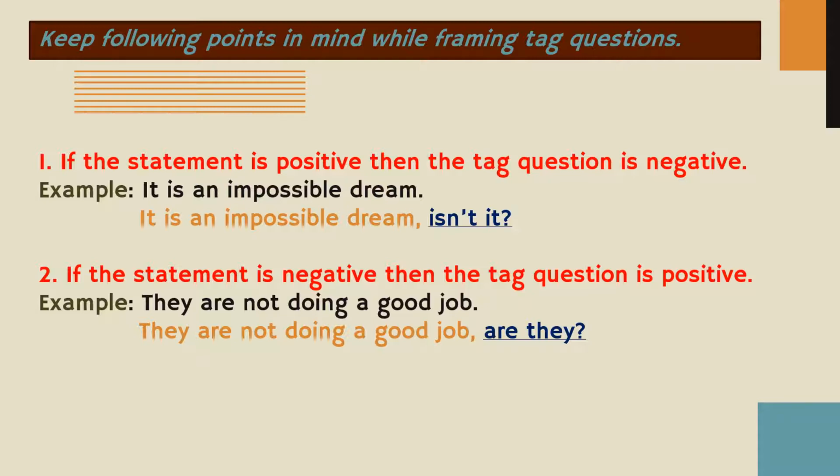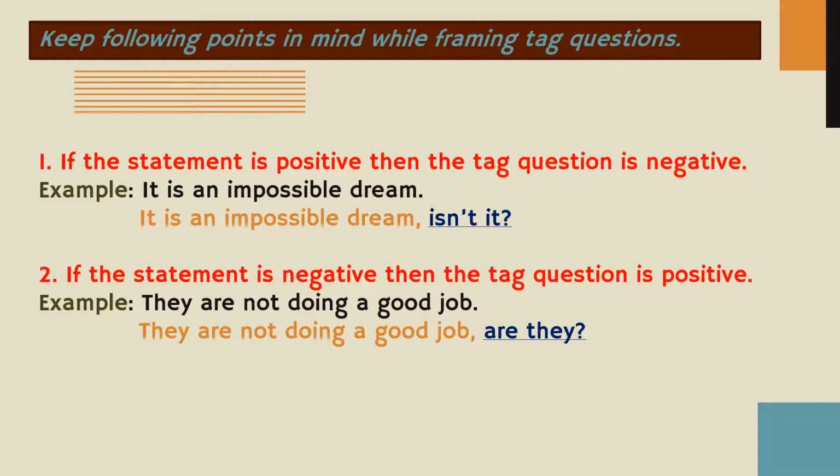That means the statement, it is an impossible dream, is a positive statement. Now, when we are adding a tag to it, it should be a negative tag. Now, how to add a tag?